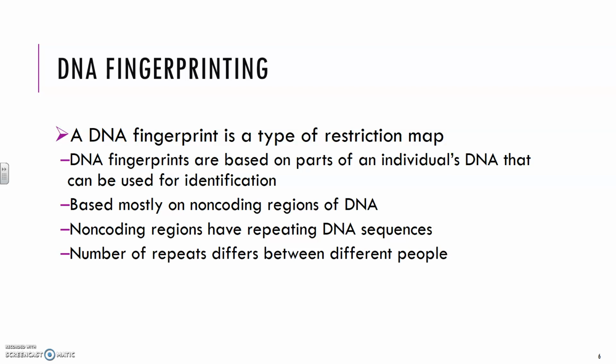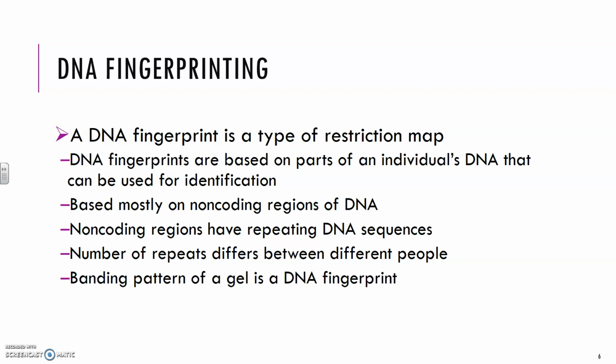But the number of repeats will differ between different people. And so on those crime scene shows, when they start talking about 13 alleles in common and so on, that is not exactly what they're looking at. They are looking at these repeats, okay?